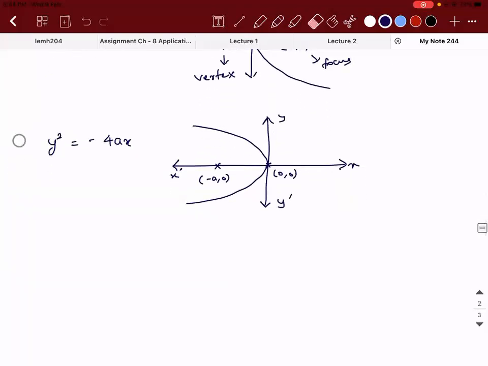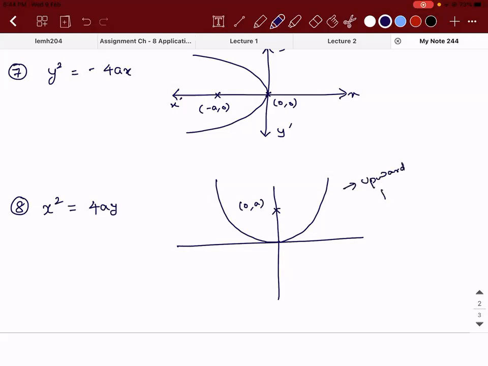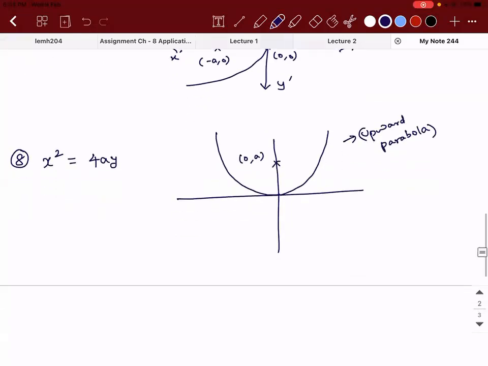Next, you have x square is equal to 4ay. So x square is equal to 4ay will be a graph like this, where this point is 0 comma a, and it is an upward parabola. Ninth, x square is equal to minus 4ay.